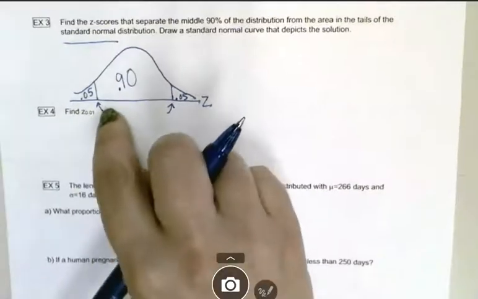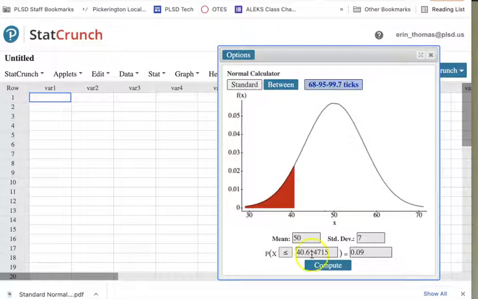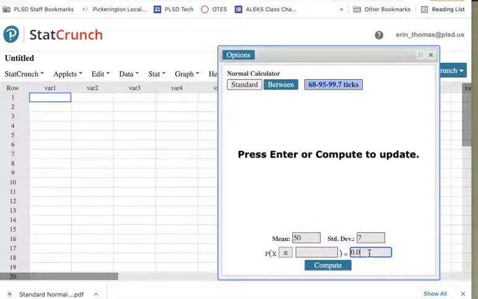To find this z-score, the quickest way to do that in StatCrunch is to type in, just like we did on the last one, the area, but be careful, it's standard normal. So mean is 0, standard deviation is 1, and I want 0.05 as the area to the left.